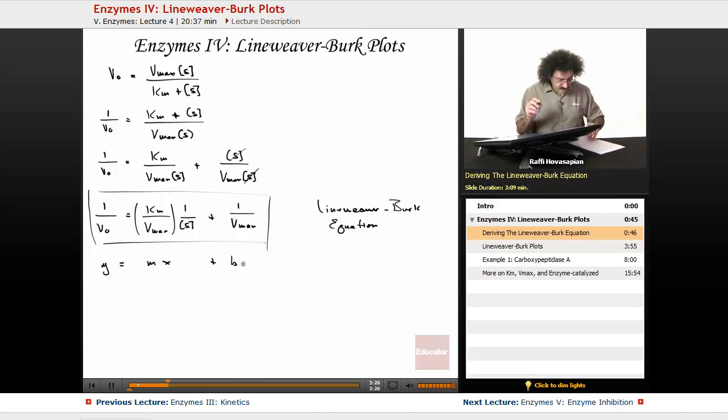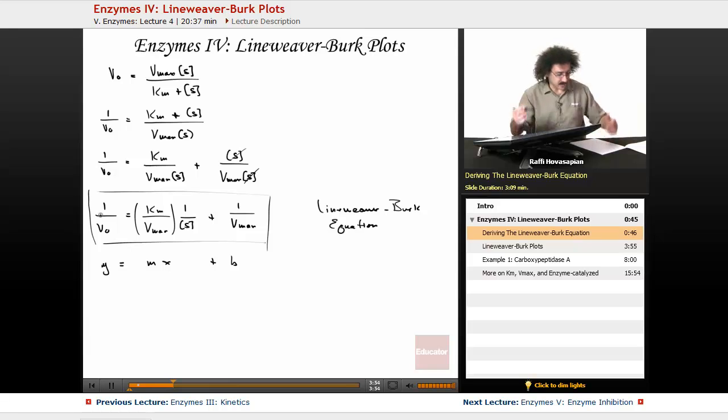So here's what you do. When you're given rate concentration data, like the previous lesson, you create two new columns. You take the reciprocal of the substrate concentrations that you used. That's going to be another column, and that's going to be your x-axis. And you take the reciprocal of the velocity values that you got, and that's going to be your y-axis.